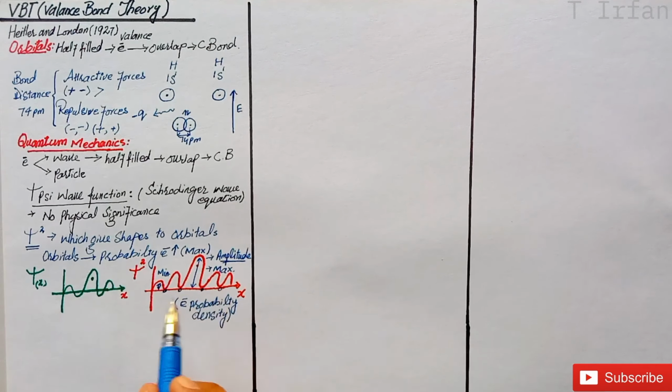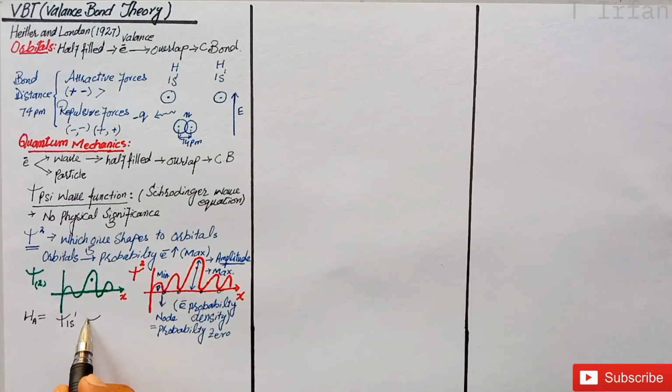For example, we have two hydrogen atoms A and B. These hydrogen atoms have their valence electrons, or their wave functions. And when these atoms come close together, their wave functions overlap and form a covalent bond.